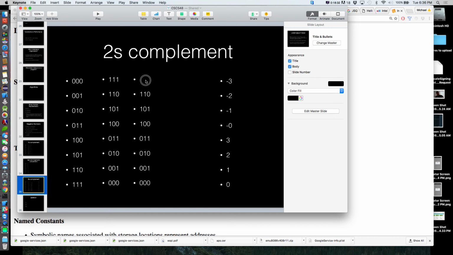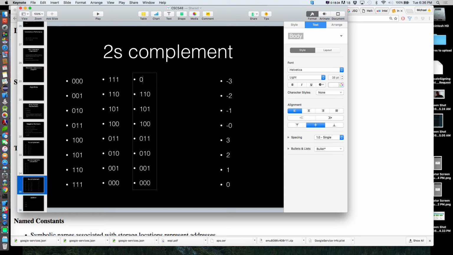All right. So this guy would map to 0, 0, 0. This guy maps to 1, 1, 1. This guy maps to 1, 1, 0. This guy maps to 1, 0, 1.